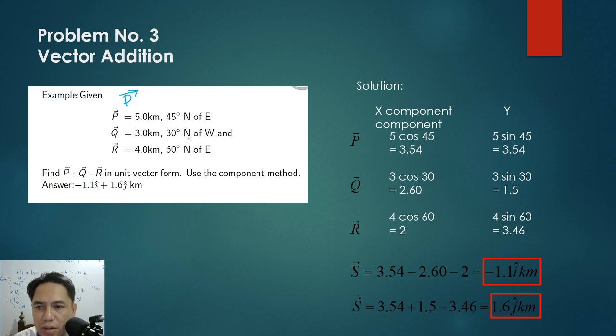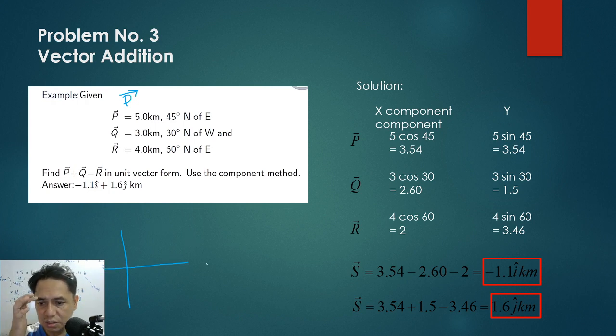So what is the first vector? 5 kilometers 45 degrees north of east. Then Q is 3 kilometers 30 degrees north of west, and R is 4 kilometers 60 degrees north of east. So let us try to illustrate that so that it will be clear to us.